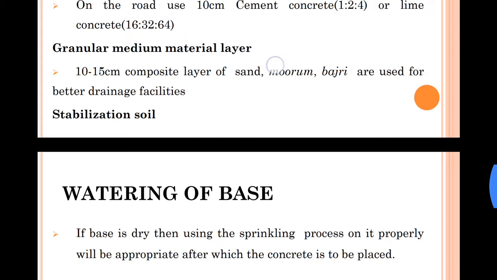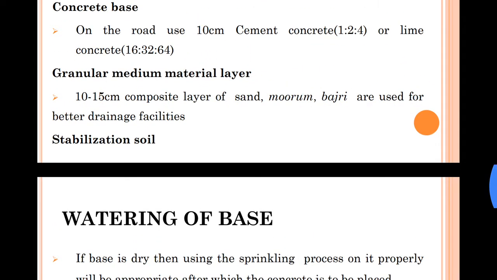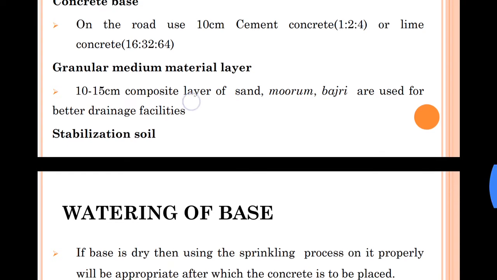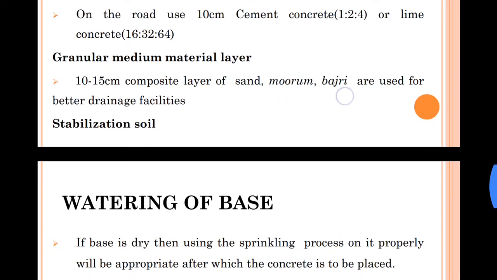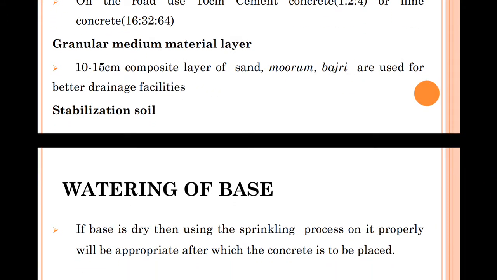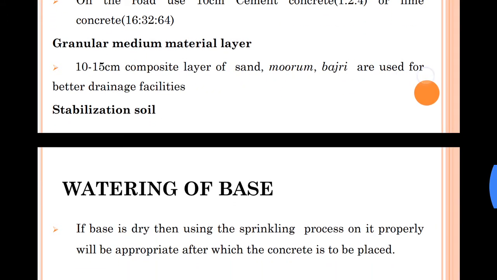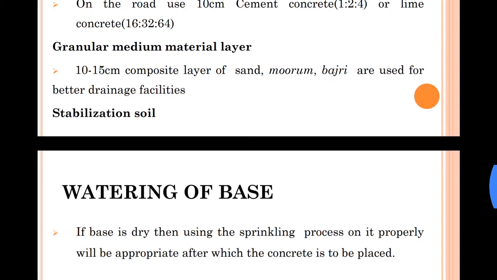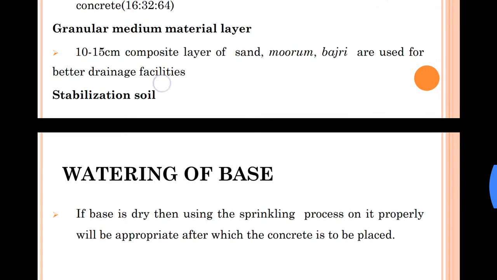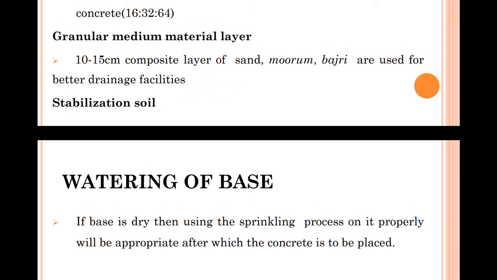Granular medium material layer, if you are using this type, then 10 to 15 centimeters of composite layer of either sand, moram, bajri are used for better drainage facilities. Since these are permeable types of soils, so these can be used for better drainage facility. If the water table around the area is at a higher level, or there are chances of seepage of water, then we can use this layer.